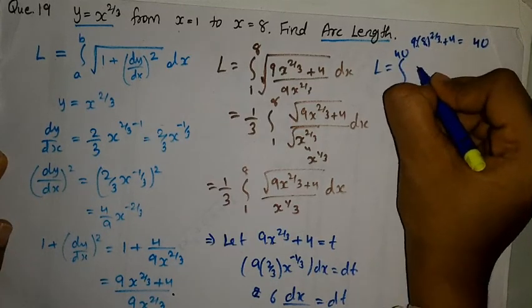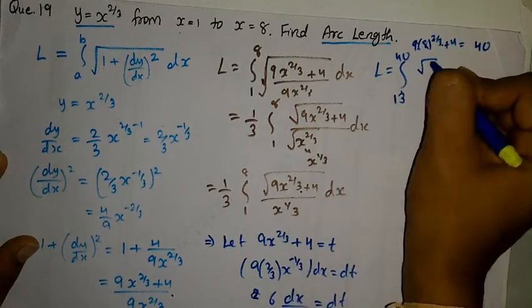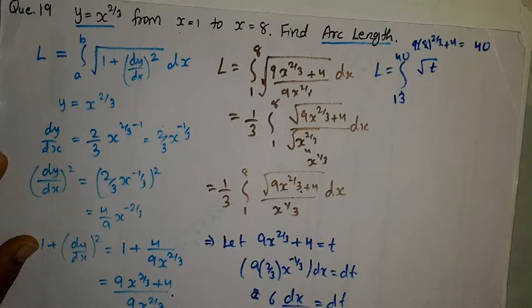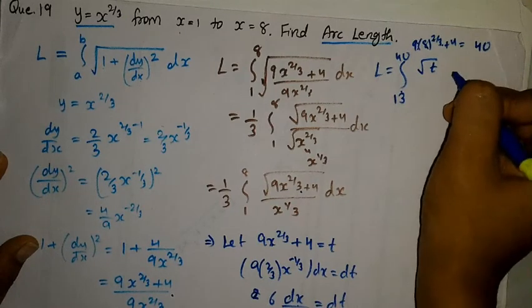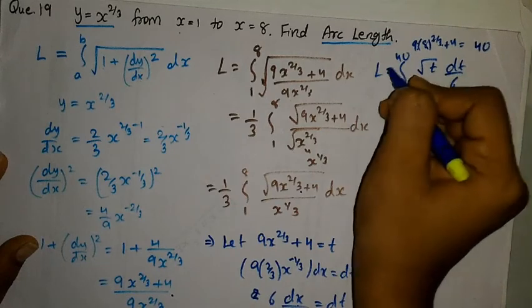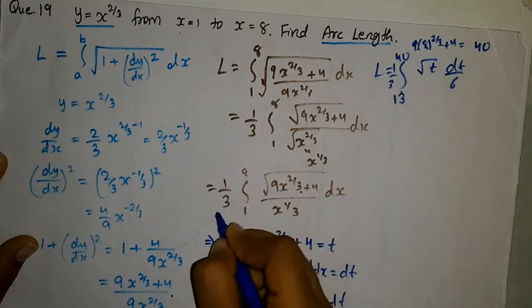Now substitute this. We have assumed this t, so it will be root t, and dx upon x raised to 1 by 3 is equal to dt by 6 we can write, and it was already 1 by 3 earlier.